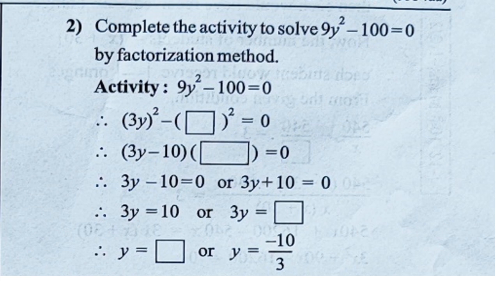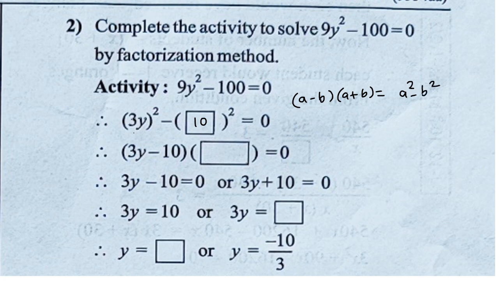Complete the activity to solve 9y square minus 100 is equal to 0 by factorization method. Here root of 9 is 3, root of y square is y, root of 100 is 10. Therefore you use the formula (a minus b)(a plus b) is equal to a square minus b square.